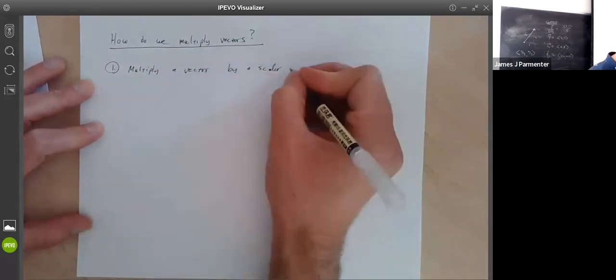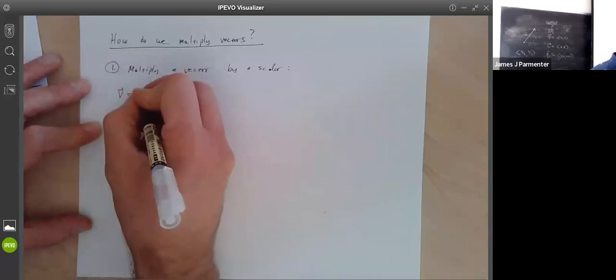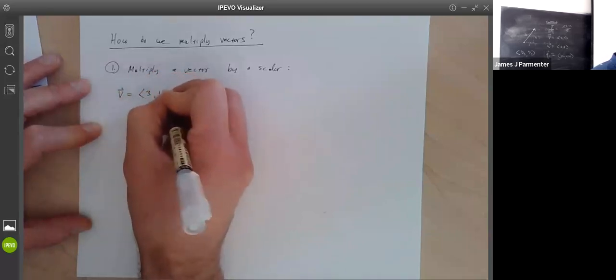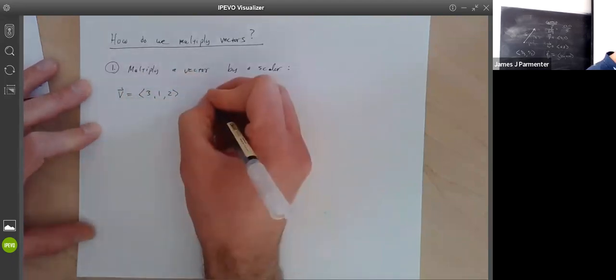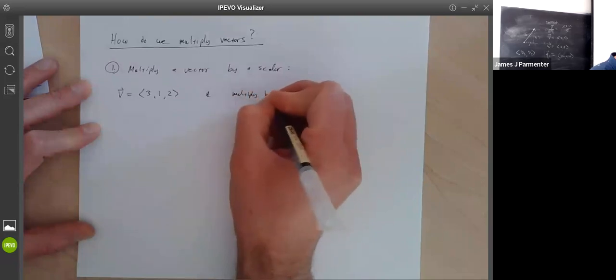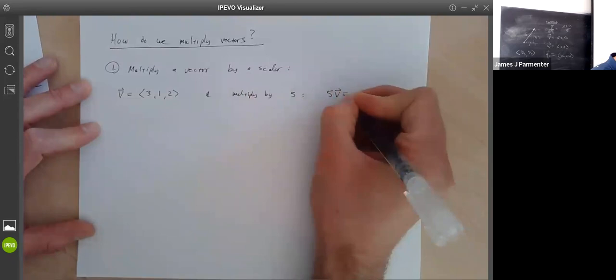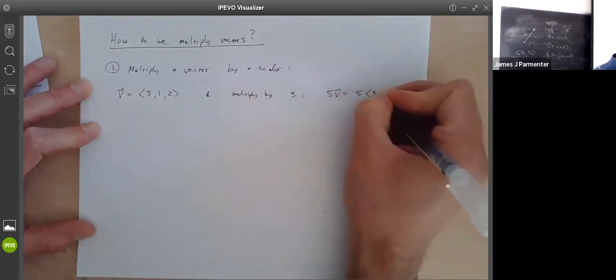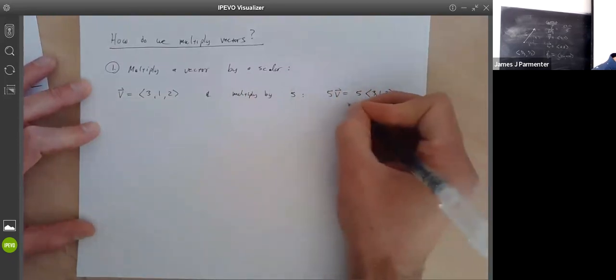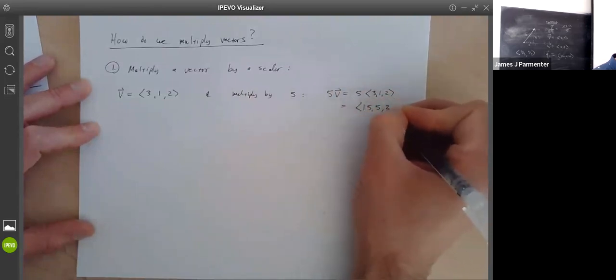So for example, we can take the vector 3, 1, 2 and multiply it by any scalar you want. So 5 times the vector v is just 5 times the vector 3, 1, 2. And not surprisingly, it multiplies each component by 5. Wow, can I multiply by 5? Yeah, I can.